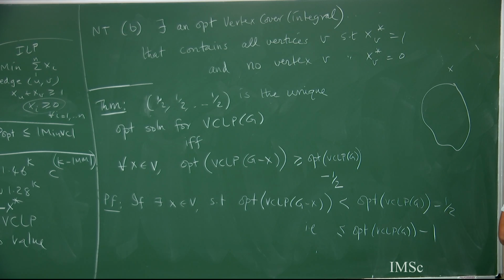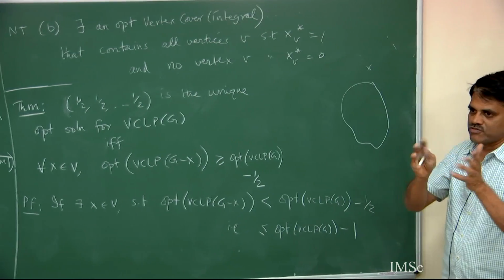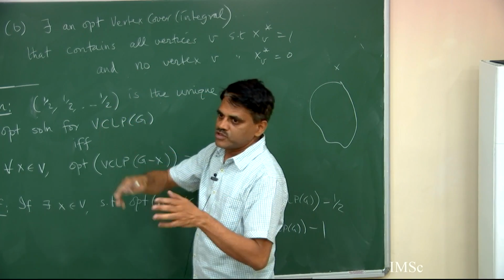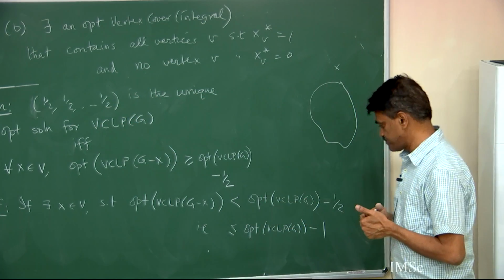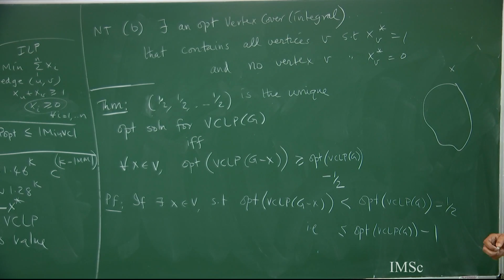Is this clear? If it's strictly less than this minus half, it can't be like this minus 3/4 or something, because every value gets only 0, half or 1. So, they are all multiples of half, and the objective function is the sum of the values, so it will always be a multiple of half. So, it will be less than or equal to minus 1, right.